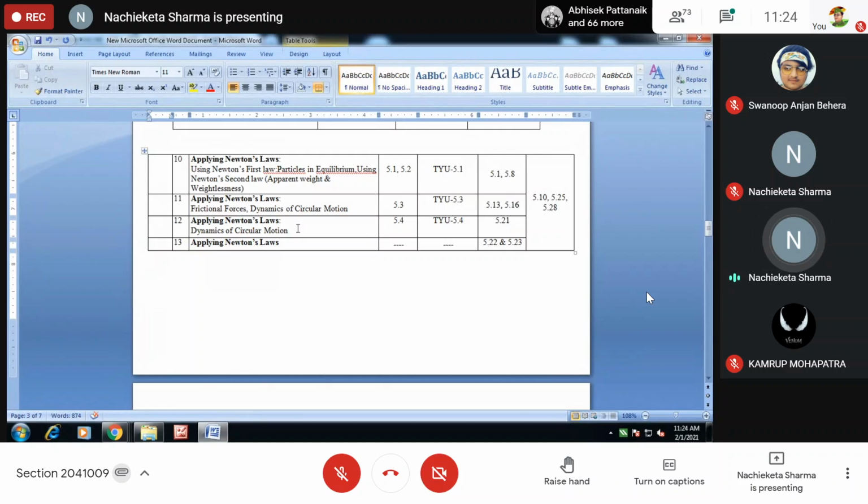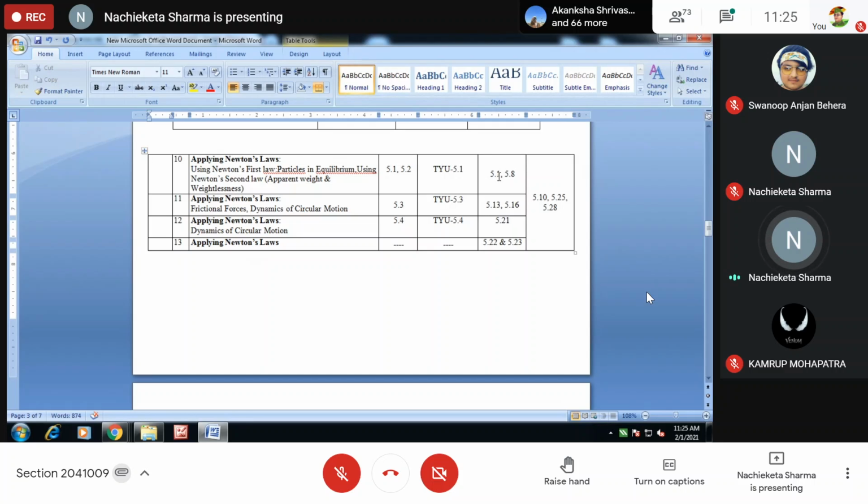Dynamics of circular motion, 5.4. In 5.1, there is test your understanding 5.1. That is a traffic light balanced by 2 ropes, which are placed at 45 degree angle, and find out the tension with respect to weight. And tension T is equal to W by root 2, that we have found out.